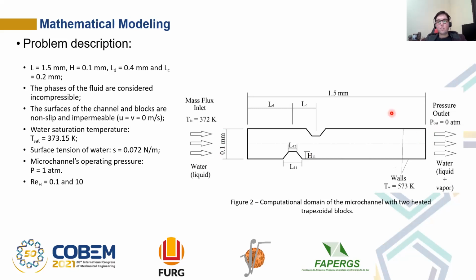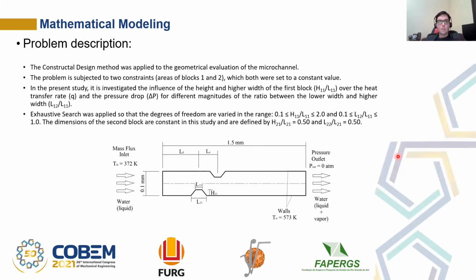In our study, we'll be evaluating two different values for the mass flux. These two values correspond to Reynolds numbers of 0.1 and 10, which is well inside the laminar regime. We applied the Constructal Design method for the geometrical evaluation of the microchannel.